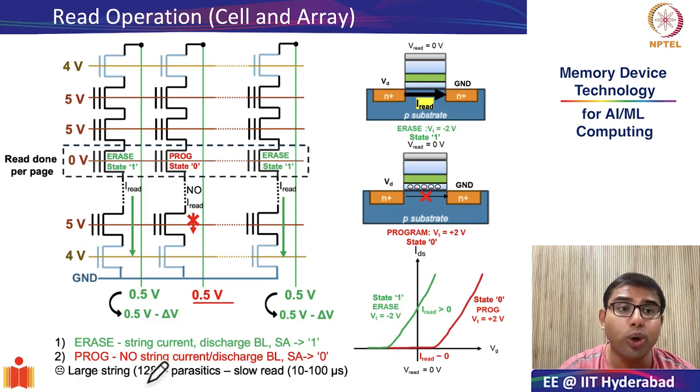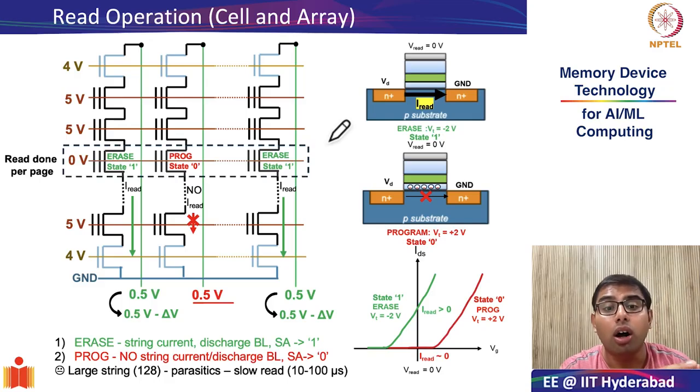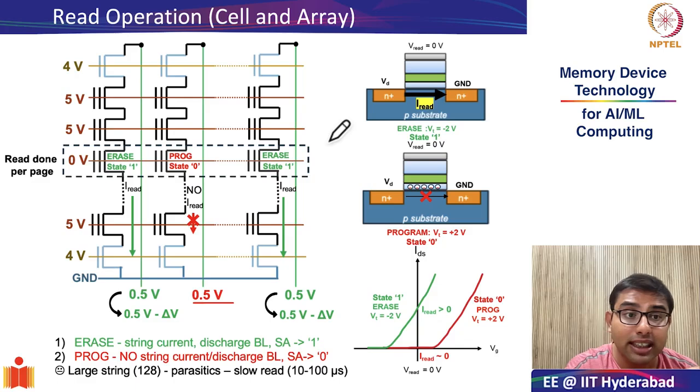But let me remind you, just like in program operation, in read operation also you are reading out almost 64K to 128K bits at a time, because this page consists of so large a number of bit lines, and therefore a large number of bits that can be read out.